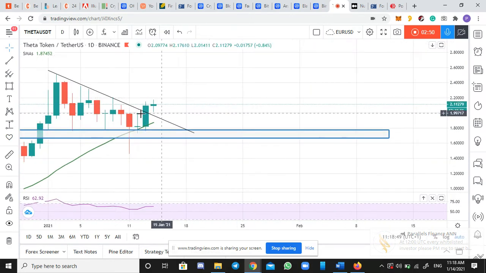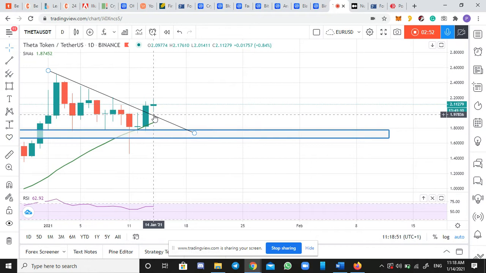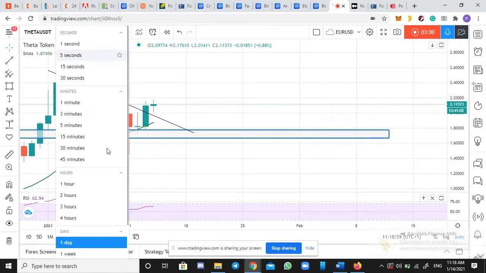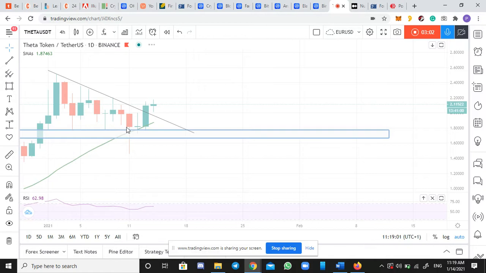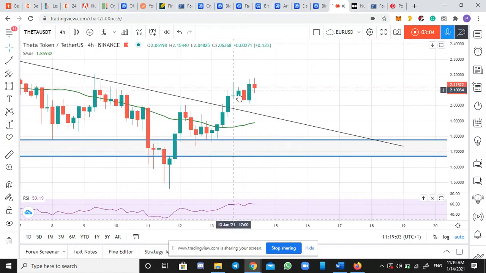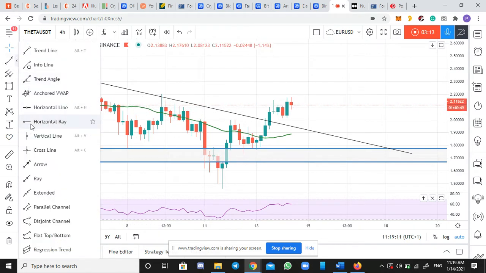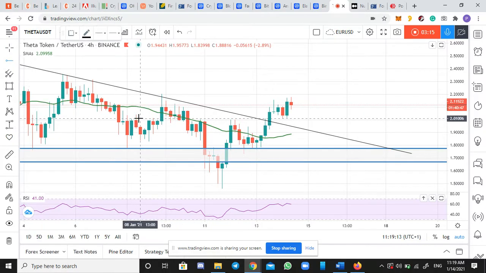Price tried to retest this trend line, but it was not a full retest as price didn't really touch here. So let me look at this better on the 4 hour time frame. Of course, this is still part of my daily analysis, but I'm just trying to see clearly what happened.